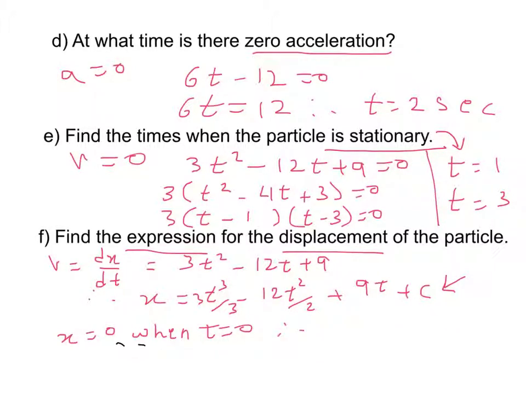If we substitute that in the expression above, we end up with c equals 0. That's when we can finalize x. The displacement is equal to t cubed minus 6t squared plus 9t. Now we have an expression for the displacement of the particle.